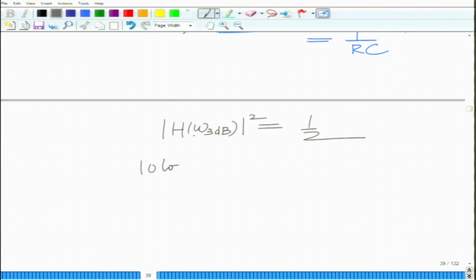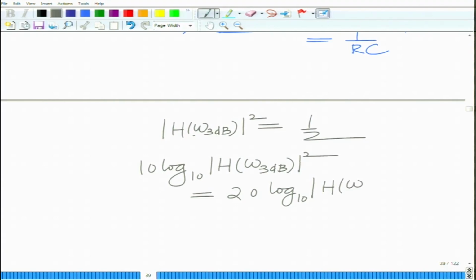So, if you look at the decibel value of this, that is 10 log to the base 10 of magnitude 3 dB squared, or 20 log to the base 10 times the magnitude, that is equal to 10 log to the base 10 of half, which is equal to minus 3 dB.